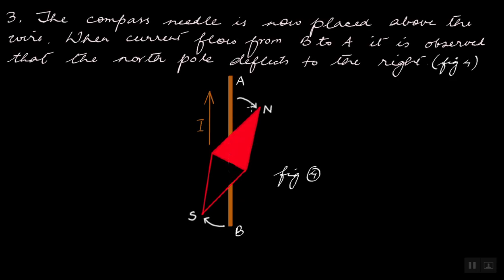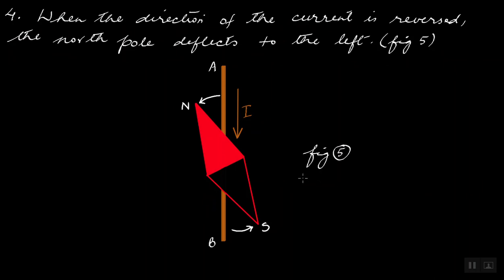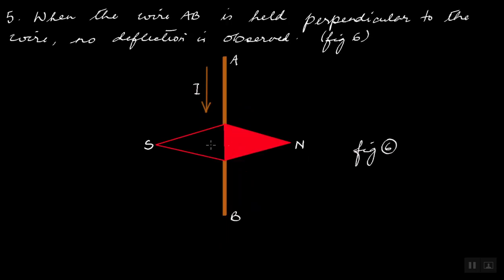But now, when the magnet is above the wire, the deflection is towards the right side. And when the direction of the current is changed, and current is allowed to go from A to B, as in this figure 5, the deflection is towards the left side. It is found that when the magnet is placed perpendicular to the wire, there is no deflection whatsoever.